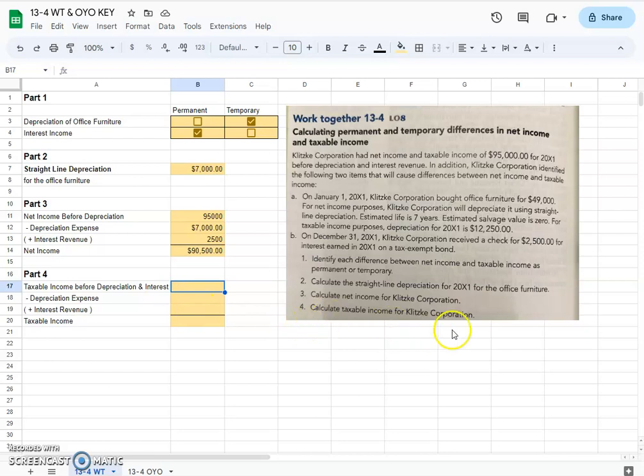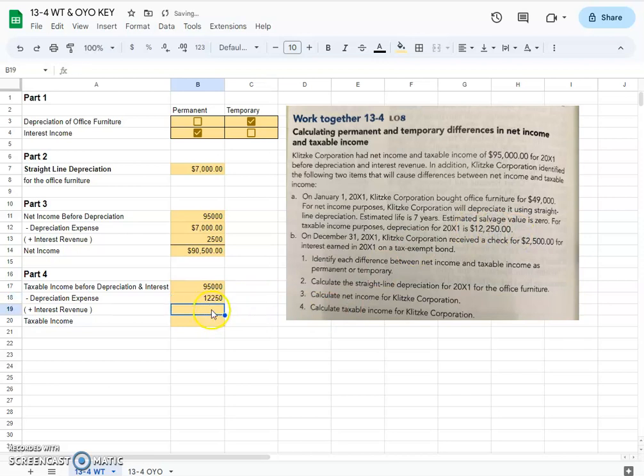Part 4, we're going to calculate our taxable income for tax purposes. We'll start with the same $95,000 as we did on the last one, and we're going to subtract our depreciation expense. But for tax purposes, it's $12,250, remember?